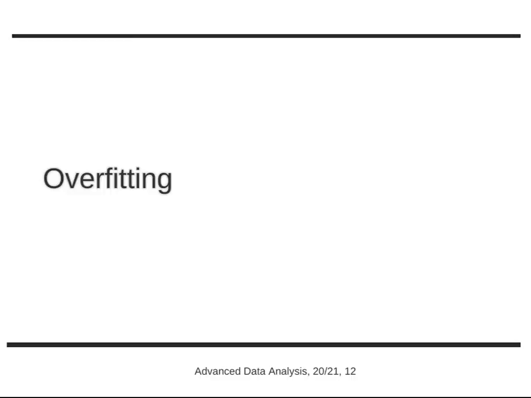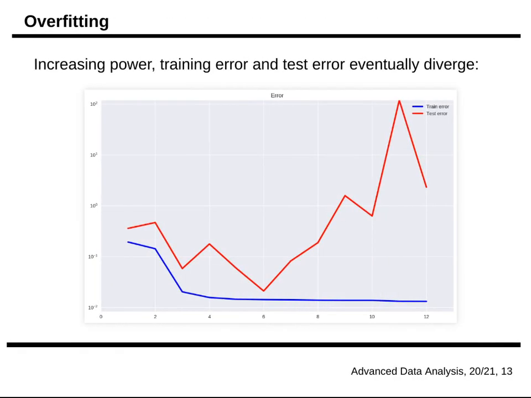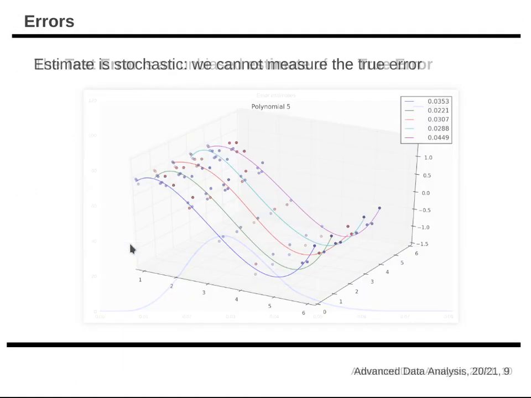Okay, so let's see how we can use these concepts to try to solve the overfitting problem, or at least avoid this problem. As we increase power in our model, the training error will tend to decrease. So this is this example with these points here.